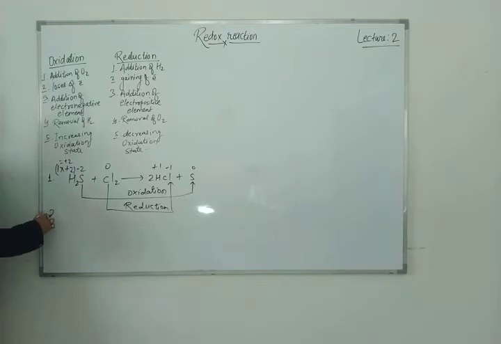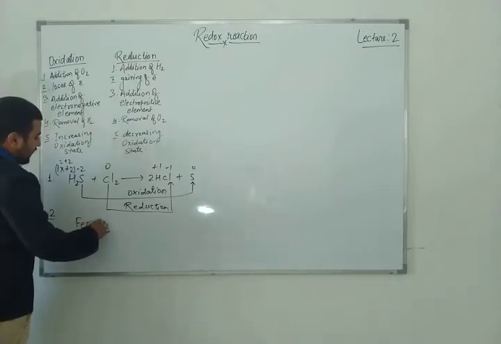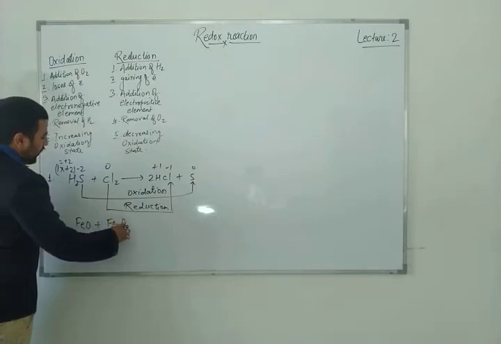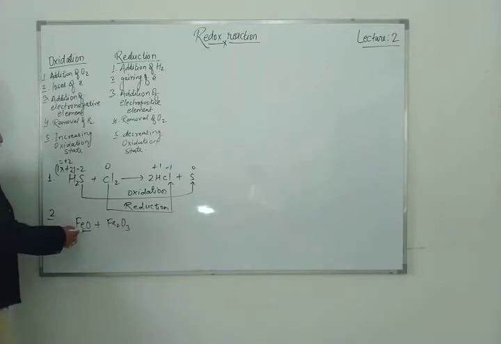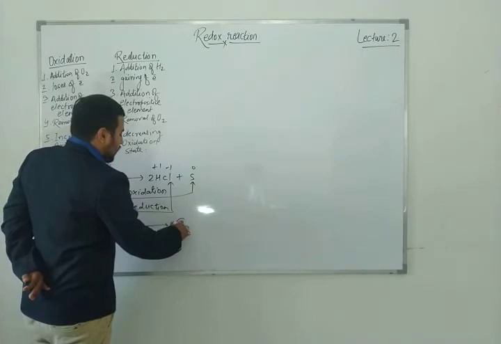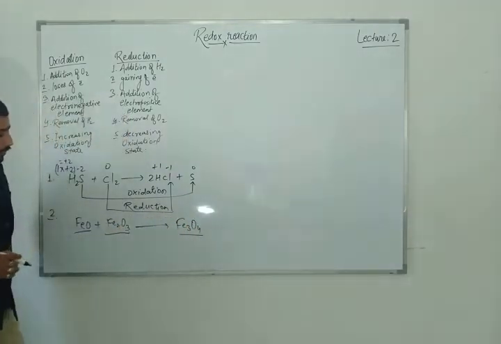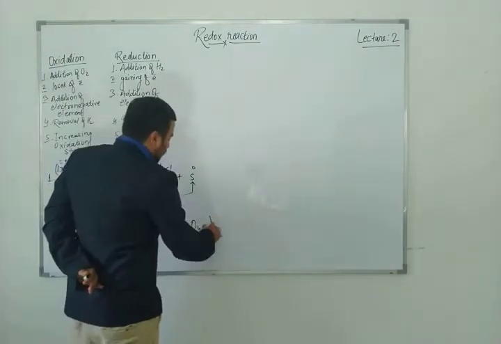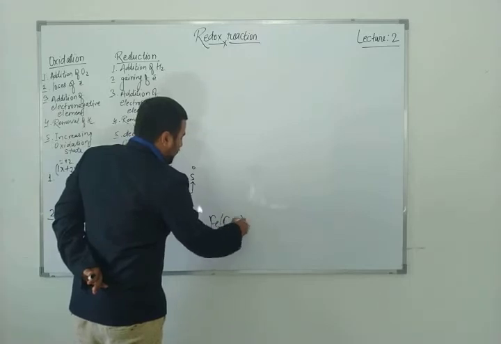Second one is ferroferric oxide. FeO plus Fe2O3, that is ferrous oxide and ferric oxide. They both mix and become ferroferric oxide. The formula is written as Fe3O4, but generally it is written as FeO and Fe2O3.